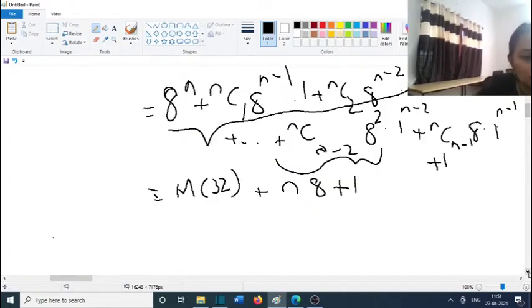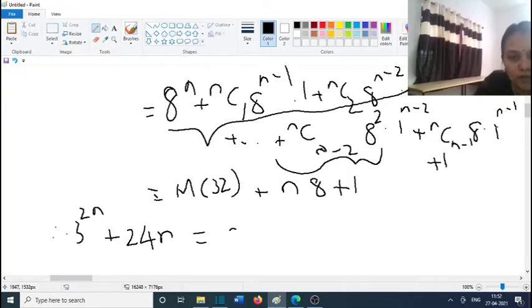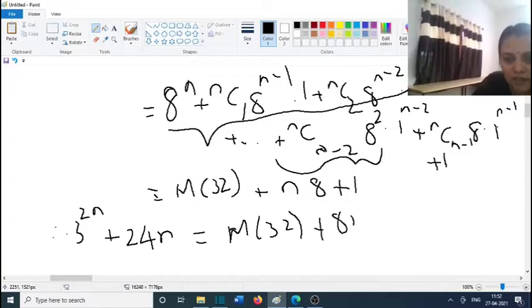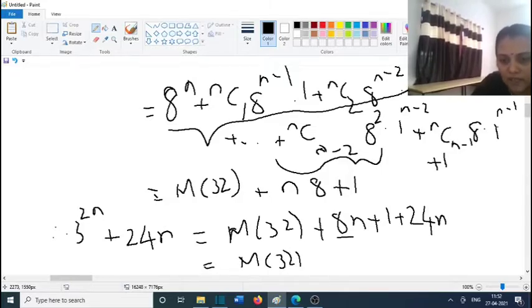Therefore 3 raised to 2n plus 24n is equal to a multiple of 32 plus 8n plus 1 plus 24n, which is equal to a multiple of 32 plus 8n plus 24n, which is 32n, plus 1.